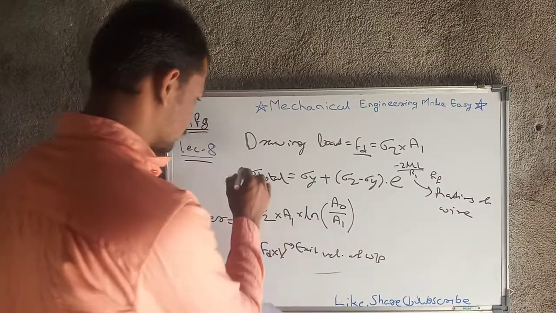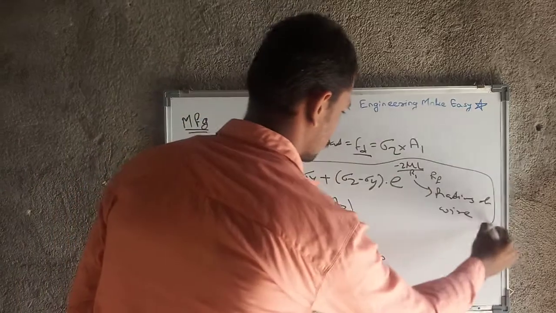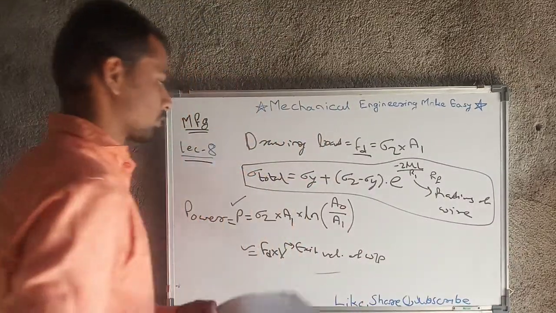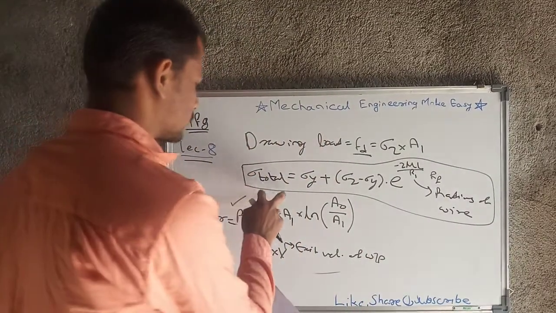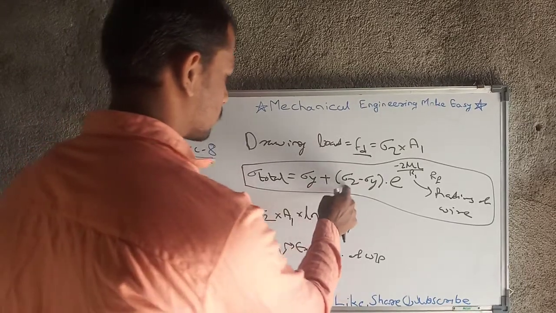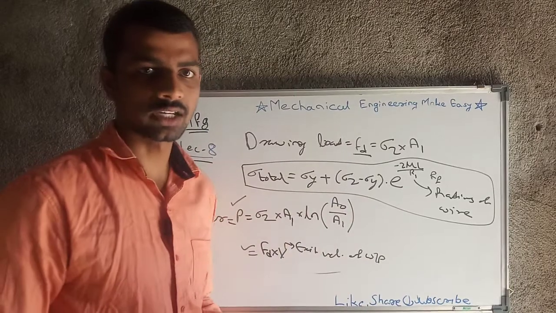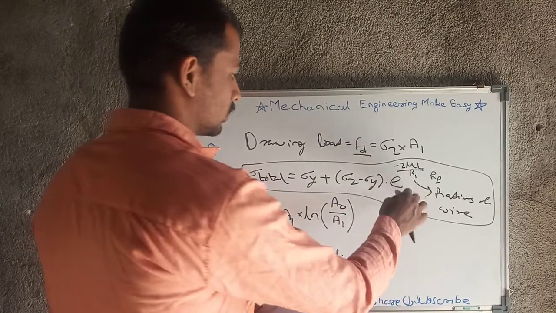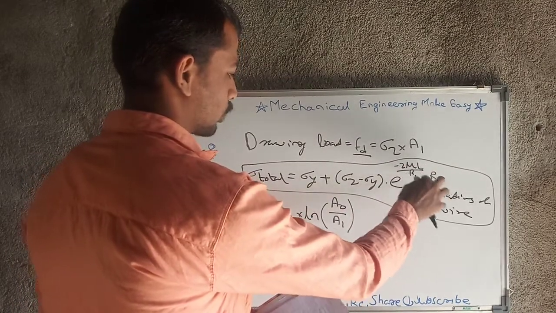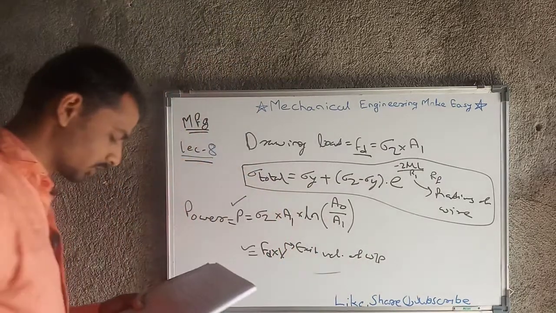This is all about the sigma total, the total stress, which is yield stress plus sigma 2 minus sigma y into 2.718 raised to minus 2 mu L upon R1.